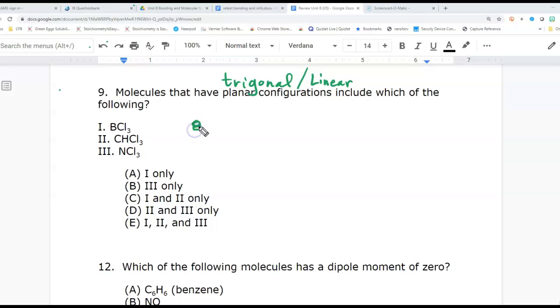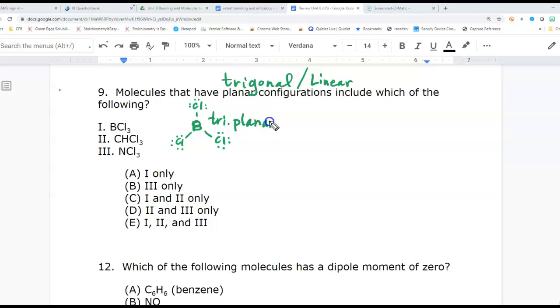When we do BCl3, B and Al are both ones that bond with only 3 groups around them. So BCl3 looks like this, and BCl3 has a completed octet in 6, and that's why it's weird. But that very definitely is a trigonal planar one.